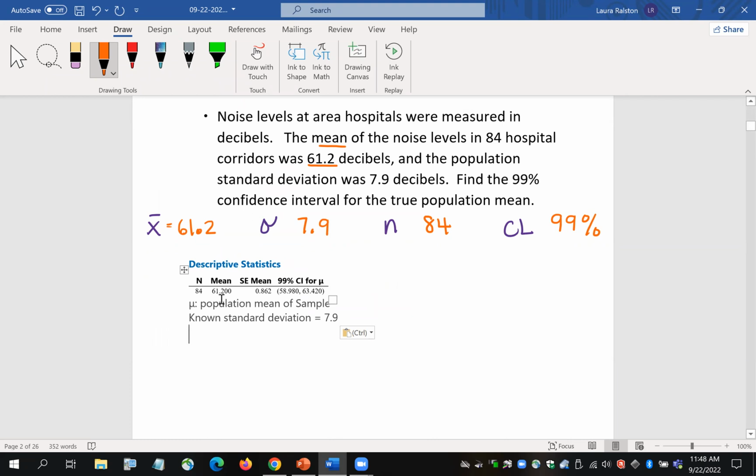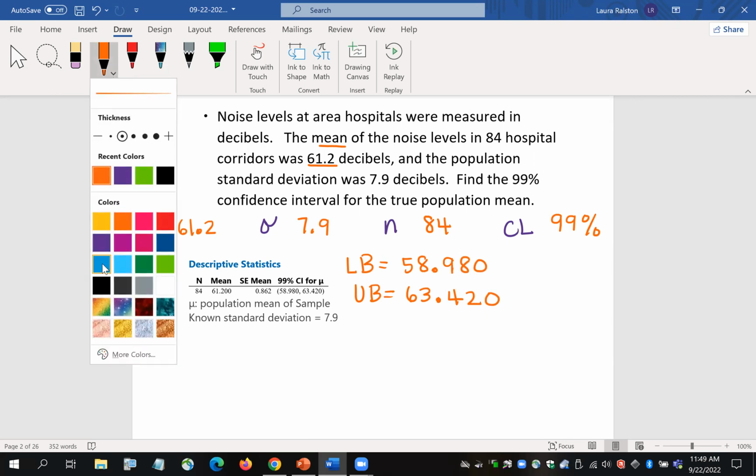My mean was 61.2. My adjusted standard deviation is 0.82, and you get the confidence interval. My lower bound is 58.980. The upper bound is 63.420. I'm reading those directly from the Minitab printout.